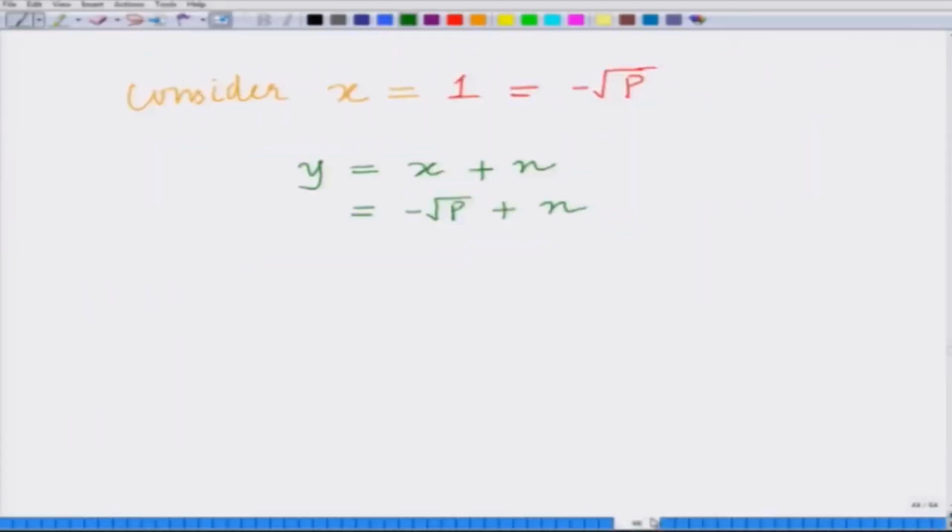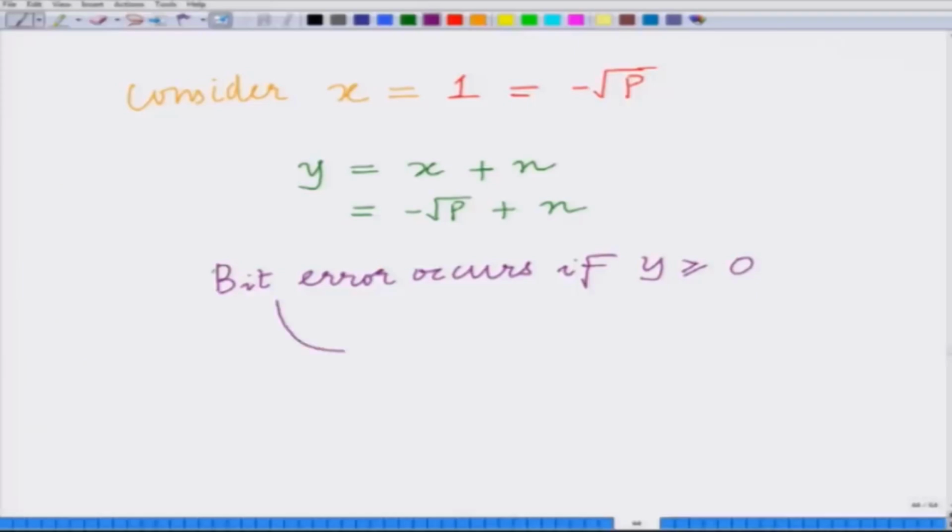So, a bit error occurs if y is greater than or equal to 0, because then it is mapped to the information symbol 0. However, we are transmitting the information symbol 1.